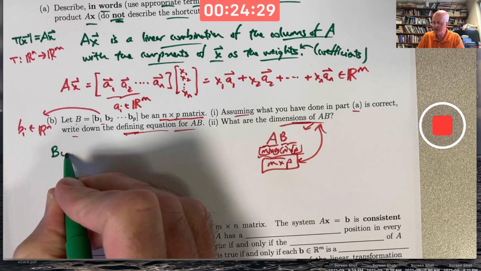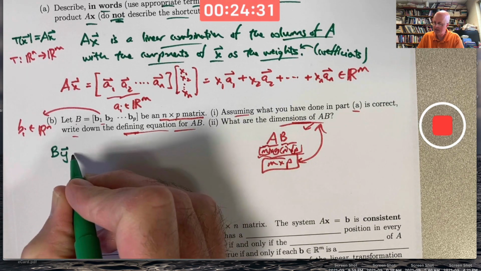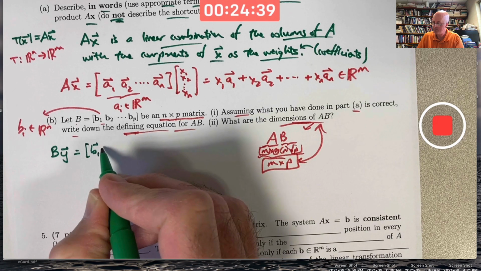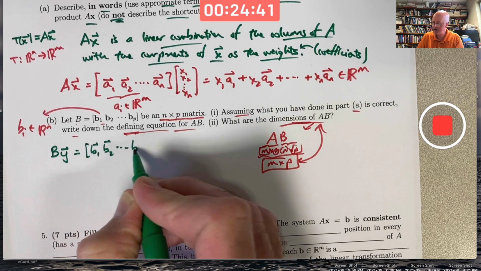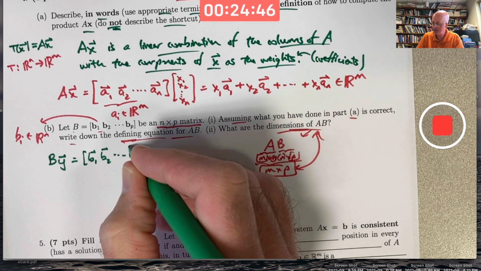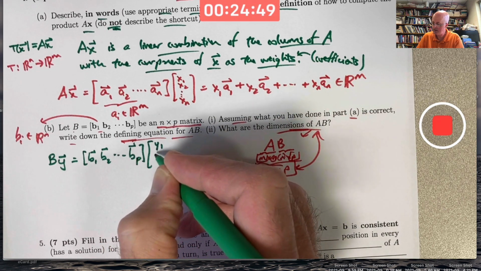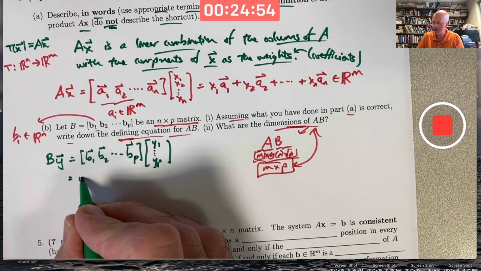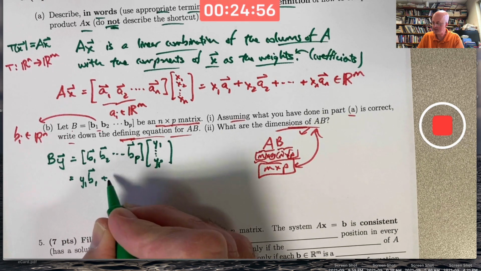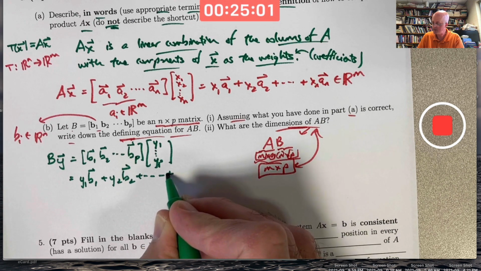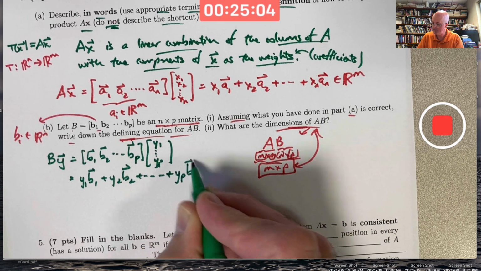First, let's think about B times an arbitrary vector y in R^p, a p-dimensional vector y. Based on what I said in part A, I could write this as a linear combination: scalar y1 times the vector b1 plus the scalar y2 times the vector b2, etc. The last term is going to be the scalar yp times the vector bp.